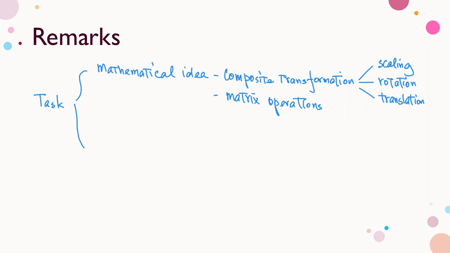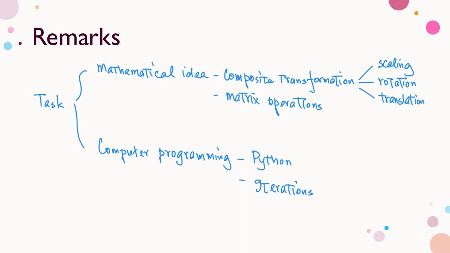The second part is about computer programming. I have used a program in Python for drawing. You may study the codes and understand the structure of the iterations and see how it works smartly. If you know other computer languages like C++, you may write your own program for the fern and see if you can draw the fern the other way round.